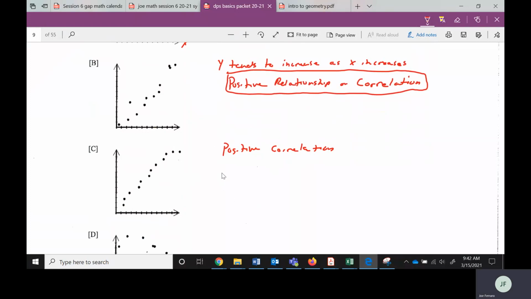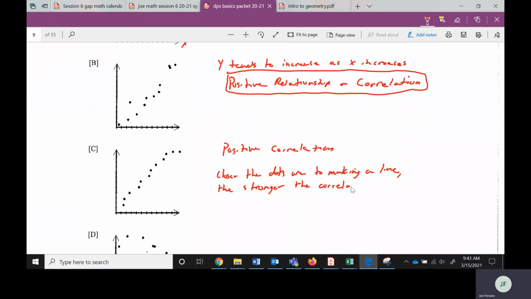So the closer the dots are to making a line, the stronger the relationship or the correlation.